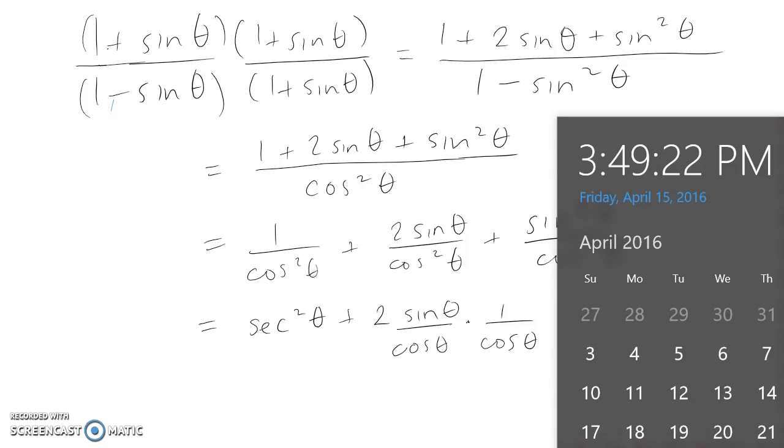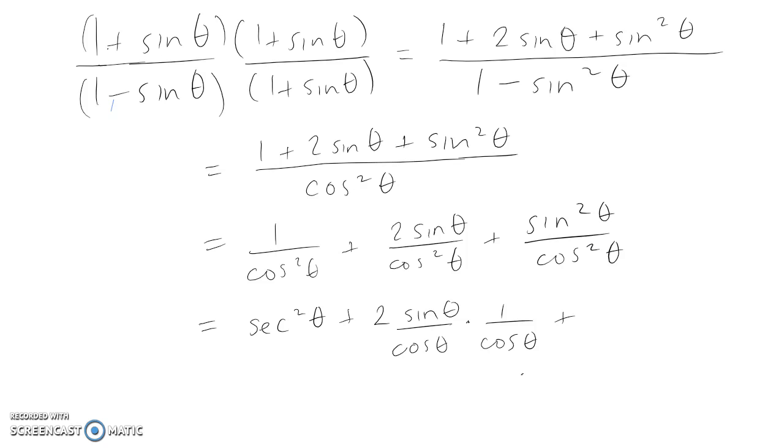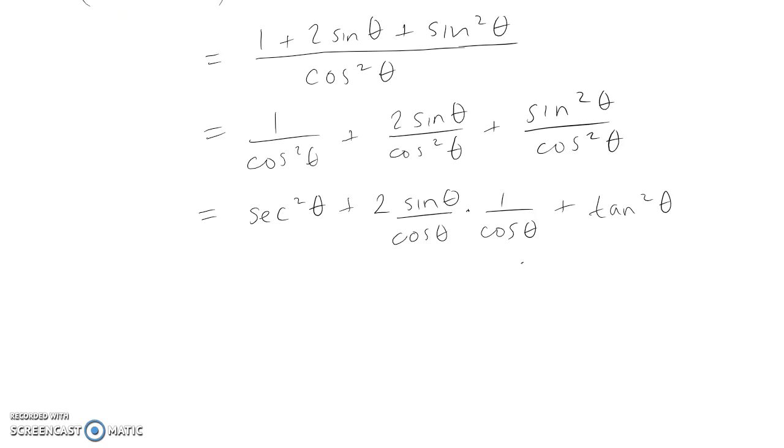I like this. Then we know that sine over cosine is tangent, but this is squared, so this is tangent squared. Let's get the final stuff written in terms of secant and tangent, and see what we've got: secant squared theta plus 2 tangent theta secant theta plus tangent squared theta.